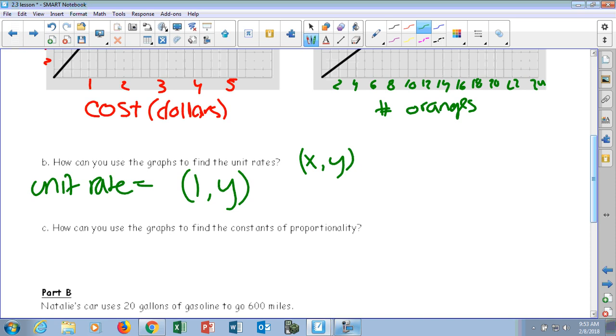Our x. So how can you use the graphs to find the constant of proportionality? What did we say? Who said before what our constant of proportionality is? Someone over here. Was it Eliana? Did you say the constant before? What did we say it was? In our unit rates, we saw that they were the same, didn't we?